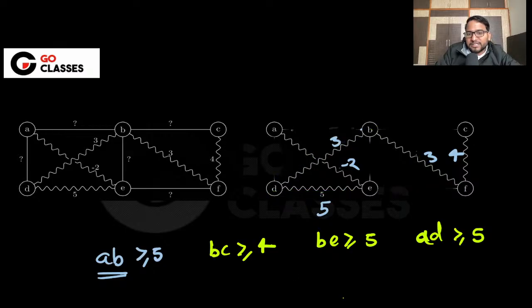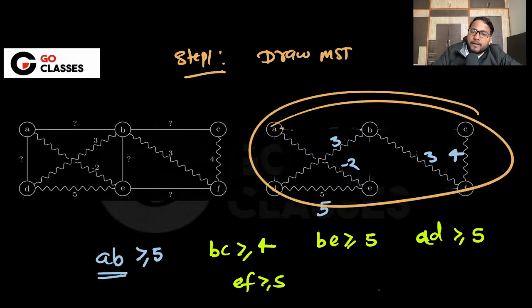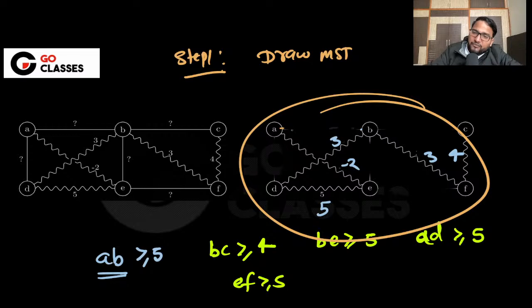Okay, so let me just explain this again. What is step 1? Step 1 is draw the MST, which we have drawn. This is the MST that is given to us. Now step 2 is just keep on bringing edges one by one. See, this is the spanning tree. Since this is a tree, bringing one edge will definitely form a cycle.